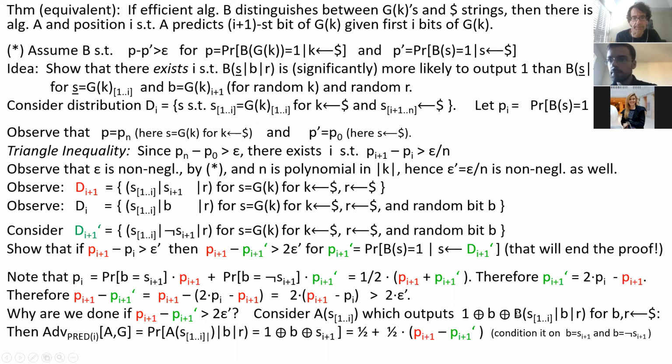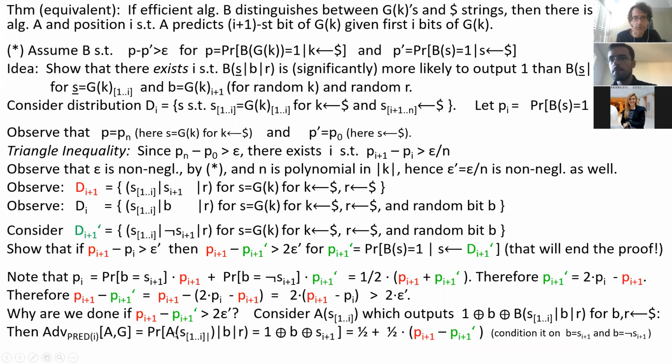The typo is that here I should have a capital B. So I'm looking at where 1 XOR B outputs the proper bit, because that's when A outputs the proper bit. So sorry, just replace this here with a capital B.